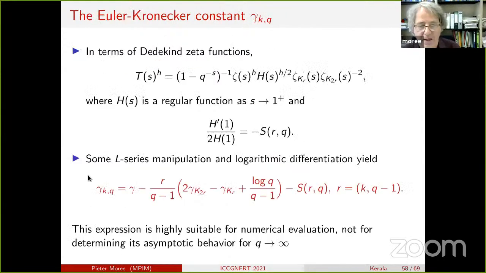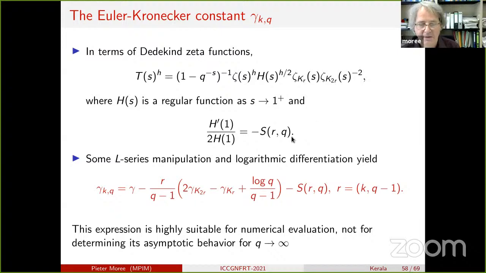And then what you find is that a certain power of T(s), so the h here is not a class number, this is notation of ranking, you can write as a very simple behaved function, a regular function in s = 1, times this product of Dedekind zeta functions.